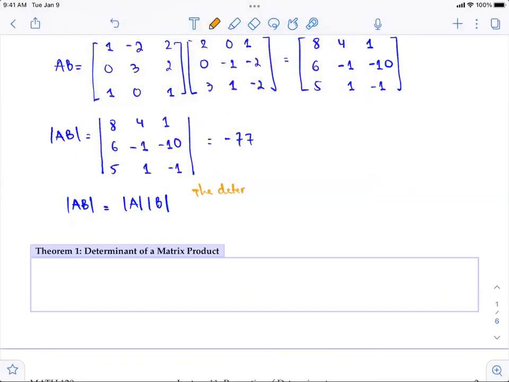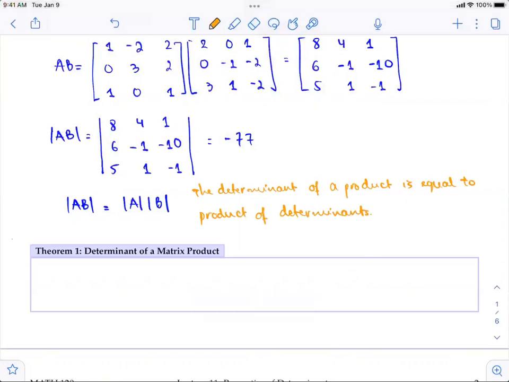So you can say that the determinant of a product is equal to the product of determinants.